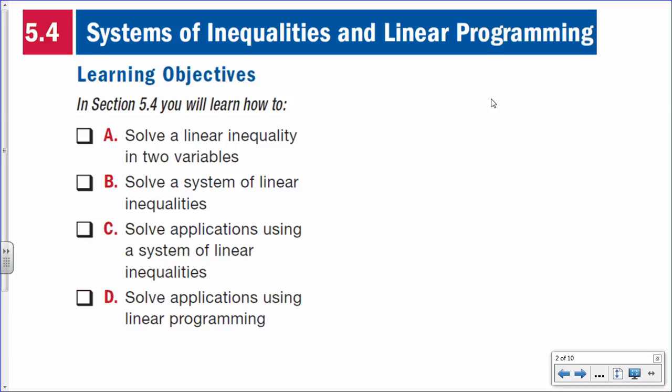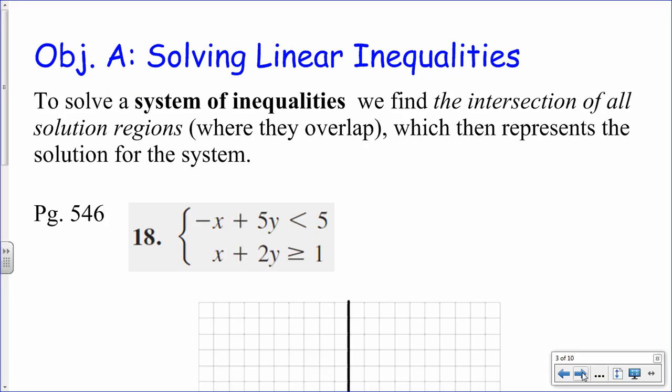Okay, so first of all, this is actually A and B. Objective A is doing one inequality, B is doing the system. We talked about this yesterday, but for the system, the solution is the overlapping shaded region.